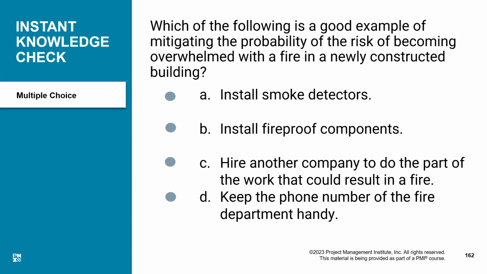You see, it says mitigating the probability, but this second option is talking about fireproofing. That means it is not talking about the probability, it is talking about the damage it will cause. So A is the right answer for that. You install a smoke detector, which will give you early warning, and you could deal with things better.